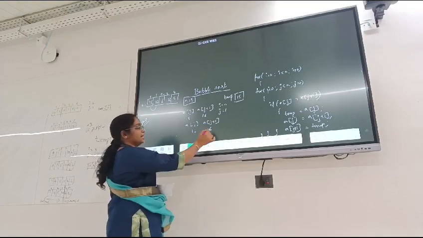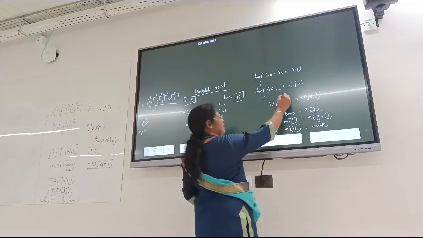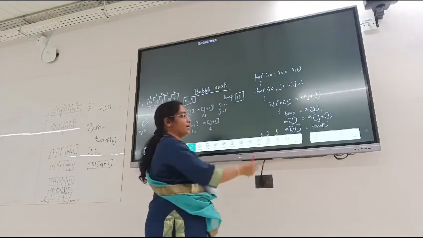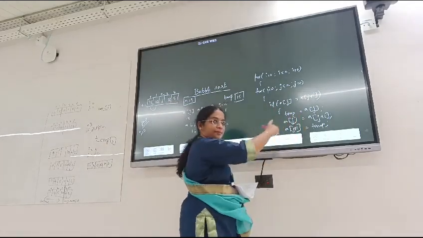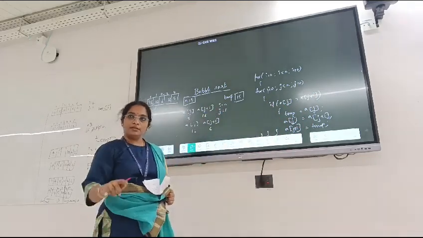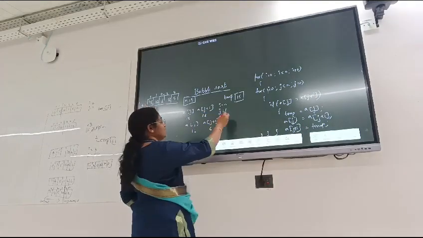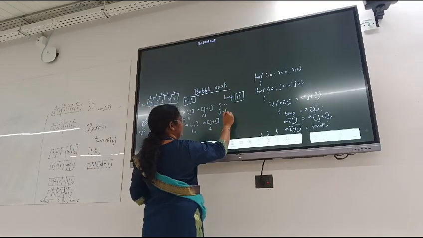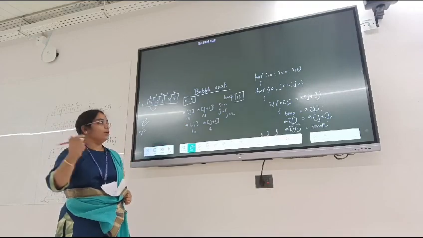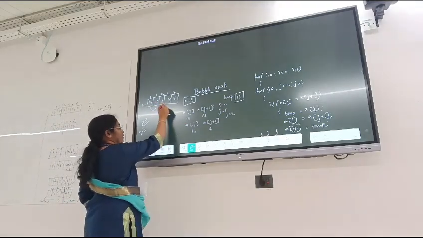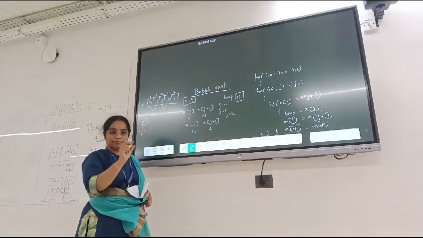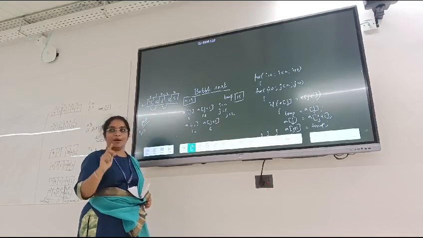If swapping is required, obviously this process gets inside. Then again j will be incremented. If j gets incremented, j will be 2, and j plus 1 is 3. We told you, these adjacent values will be compared and swapped.